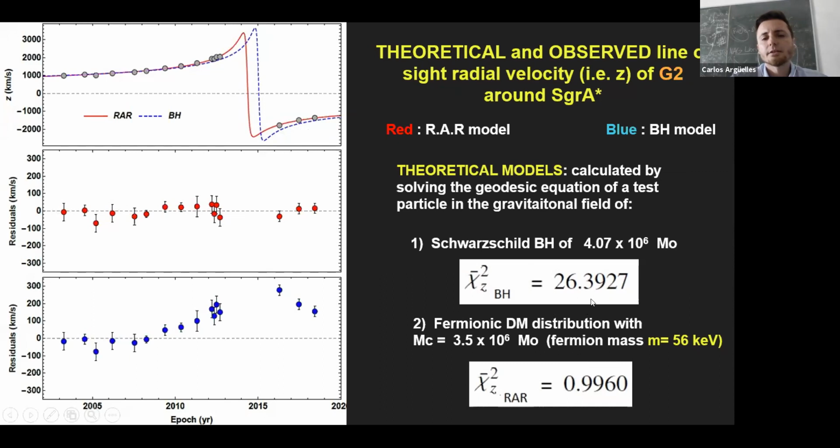You can see here the reduced chi-squares. For the black hole it is 26, and in our case it is close to 1, and so without the need of a drag force.